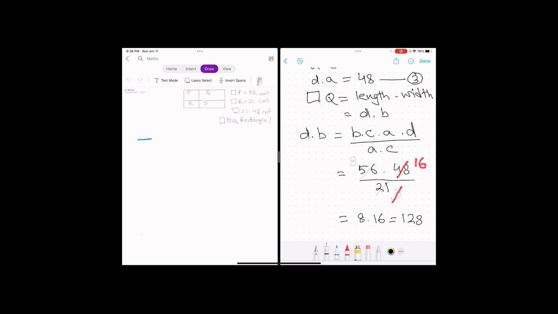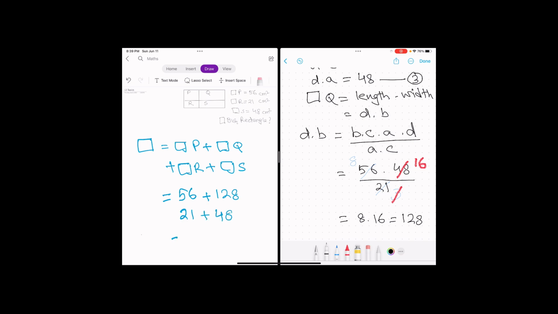So the big rectangle is equal to the sum of smaller rectangles P plus Q plus R plus rectangle S. Now we just need to substitute. P is 56. Q we just found out is 128. R is 21. And S is 48.